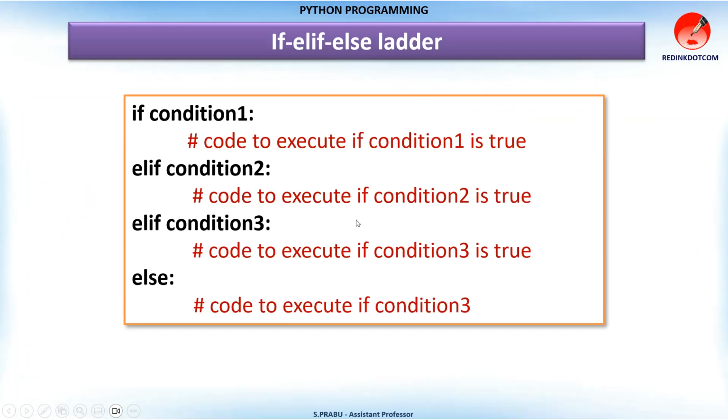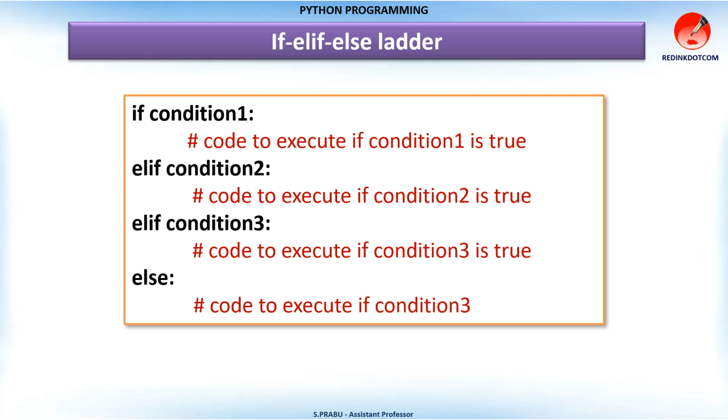The next statement is the if, elif, else ladder. If you want to check conditions continuously, we can go to the if, elif, else ladder. Sometimes we need to check more than one condition in a single problem. In that case, a simple if statement or an if else statement cannot be adopted.